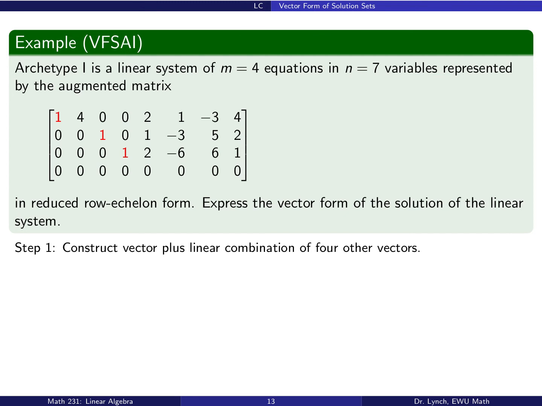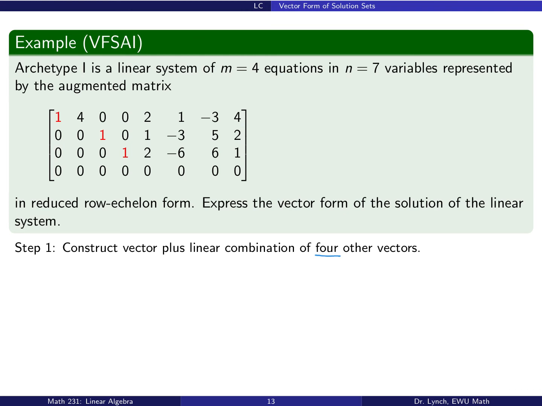We can see that there are r equals 3 pivots, so we expect there to be r equals 3 dependent variables, and we expect there to be n minus r equals 4 free variables. So in this case, we would expect to be able to express the solution of the linear system as a linear combination of 4 vectors plus one more.